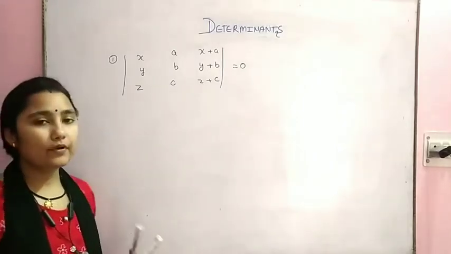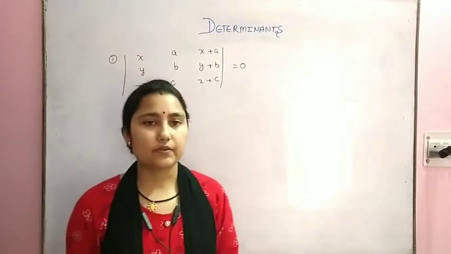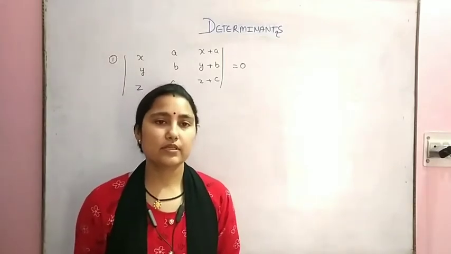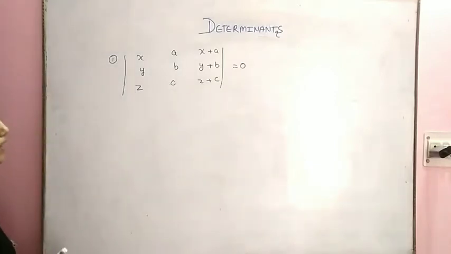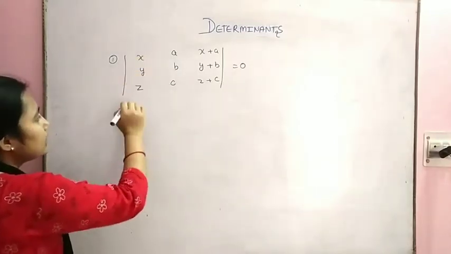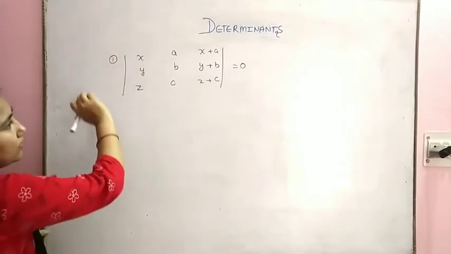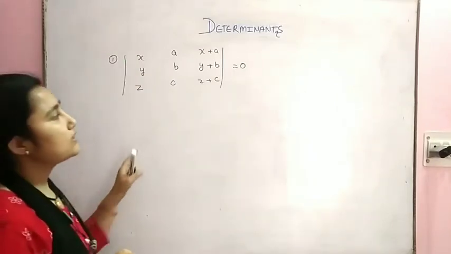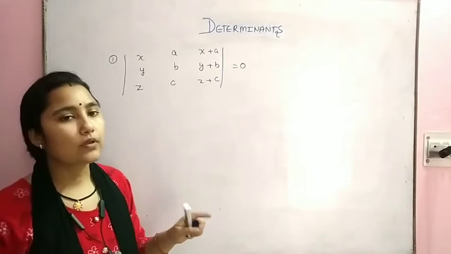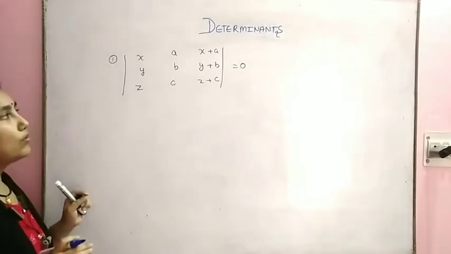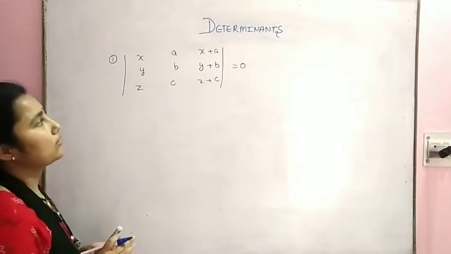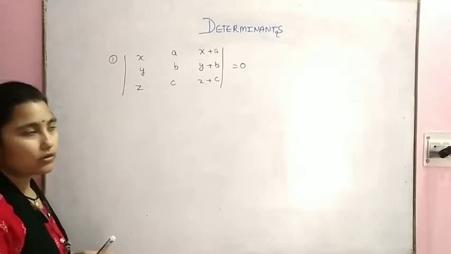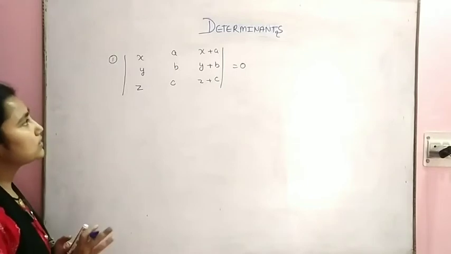Next, applying a transformation in a determinant is also under the properties of determinants. For making the value of the determinant equal to 0, we need two rows or two columns to be identical, or any one row or column to be completely equal to 0.